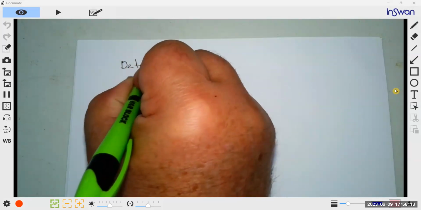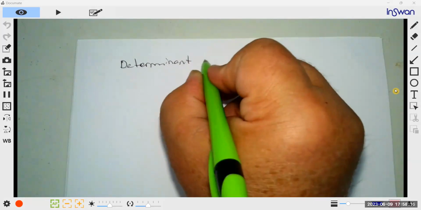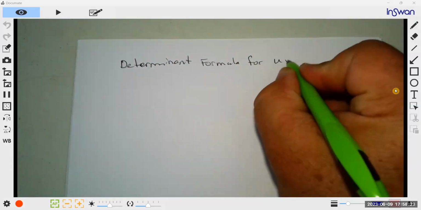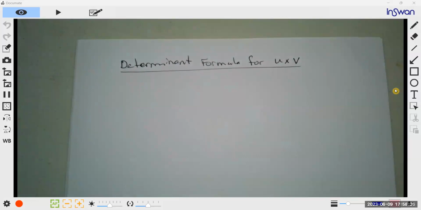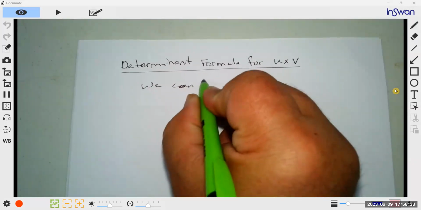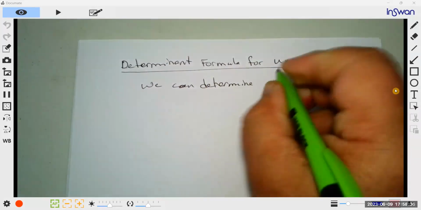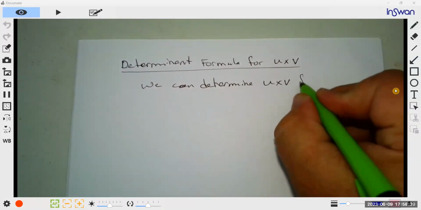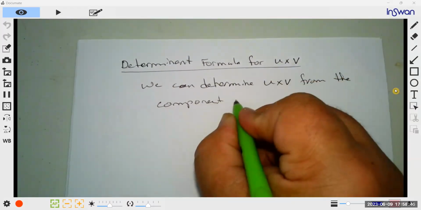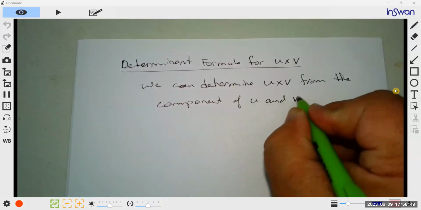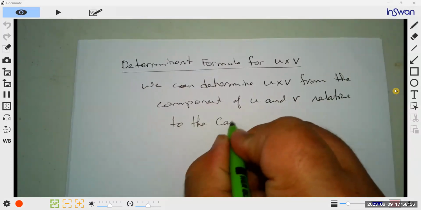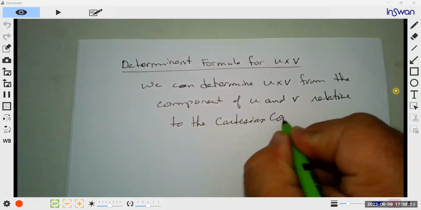So we use the determinant to find U cross V. Yeah, we can determine U cross V from the components of U and V relative to the Cartesian coordinate system.